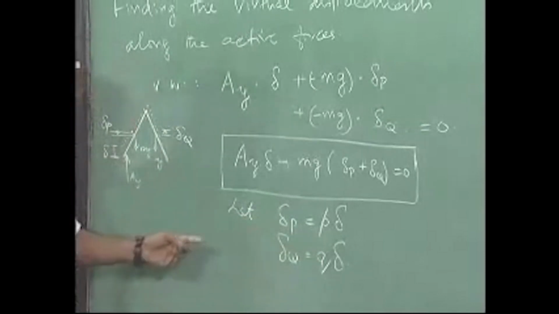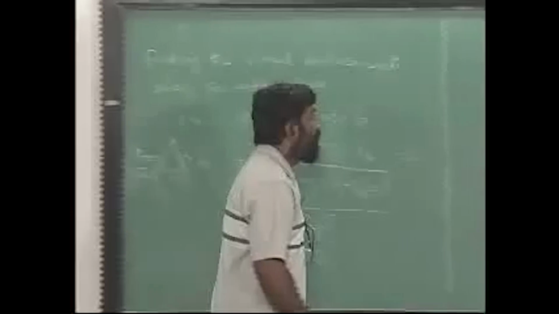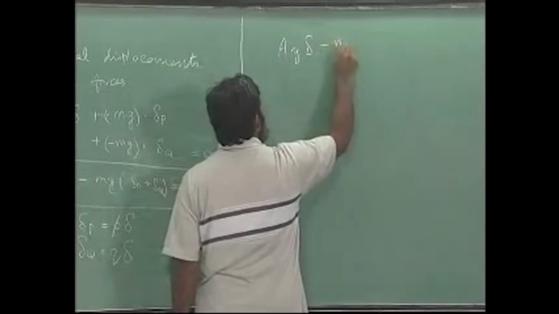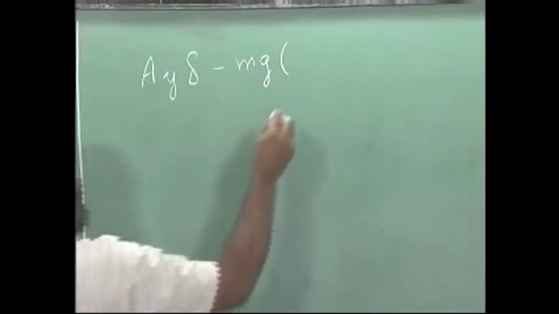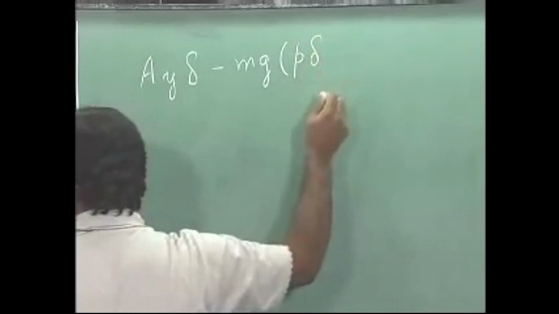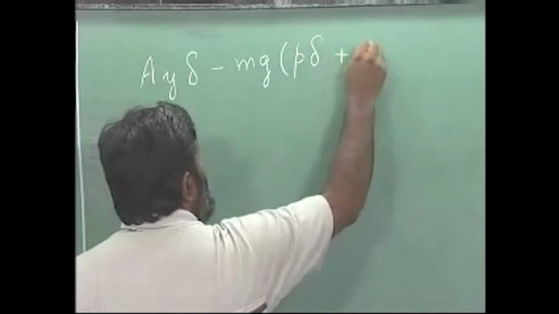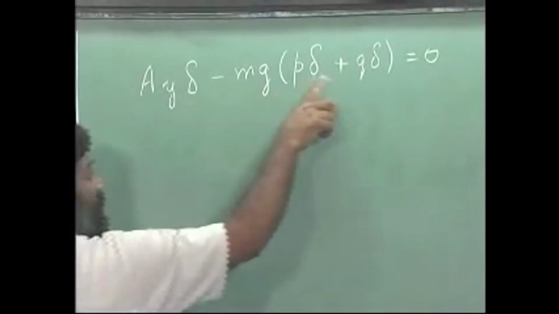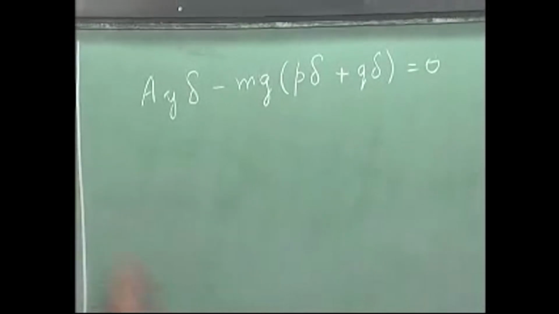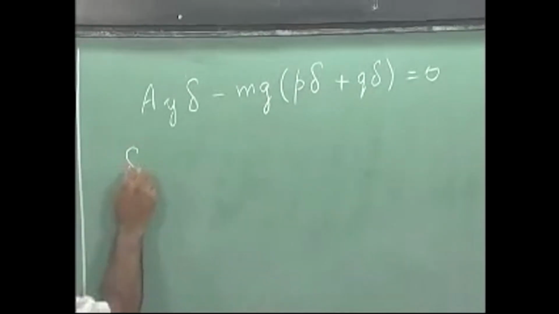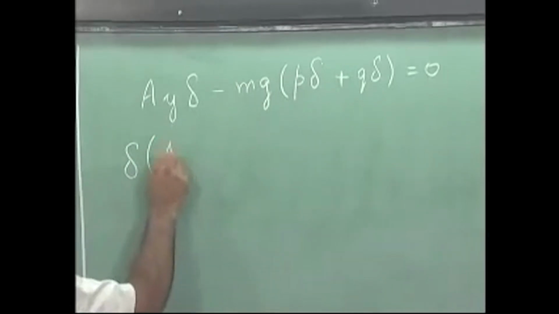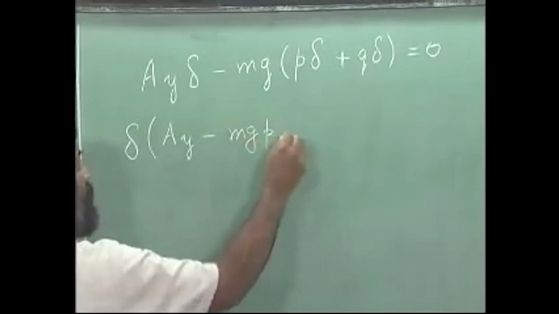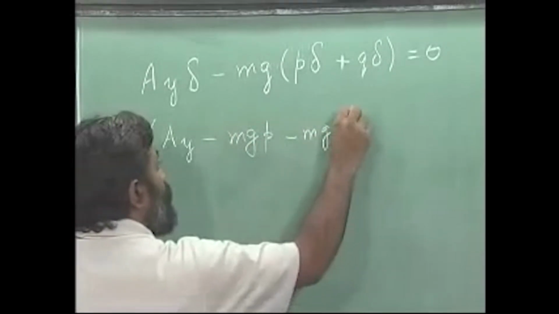If so, I can insert these into this, and I will get Ay times delta minus mg times p times delta minus mg times q times delta equals 0. You can see that delta is common in all the terms. I get delta times (Ay minus mgp minus mgq) equals 0.